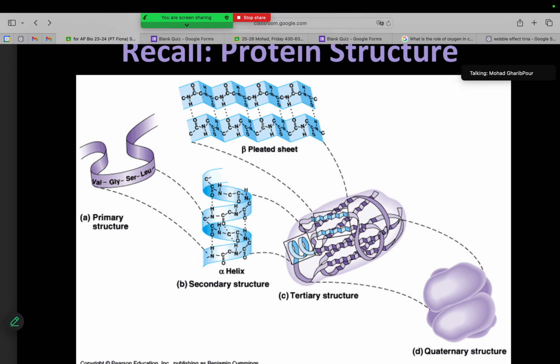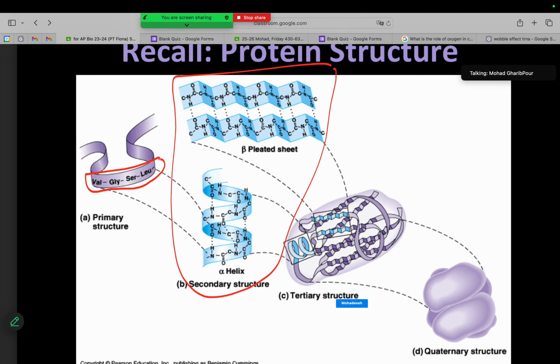Okay, so again, let's look at this visually. Primary structure is just your sequence. Secondary structure is either your alpha helix or beta pleated sheet, or none of the above. Some sequences don't create beta pleated sheets or alpha helices.